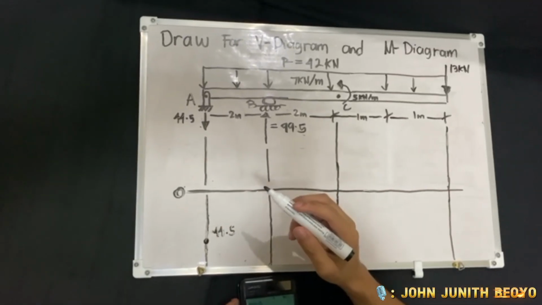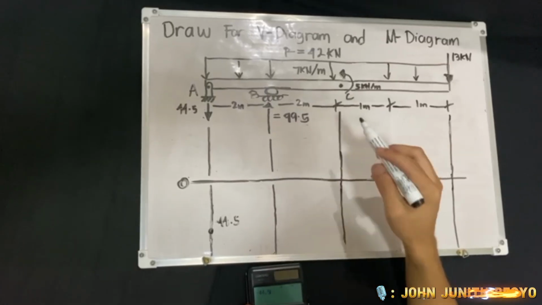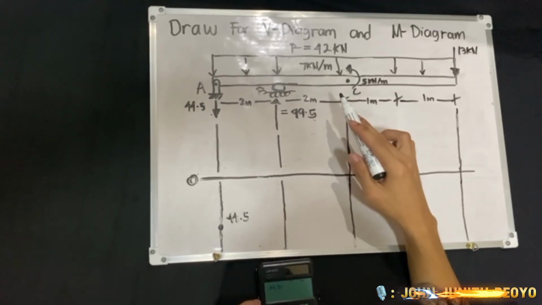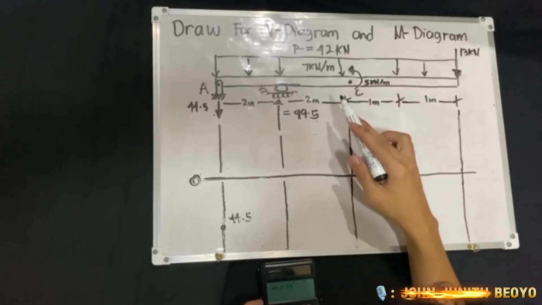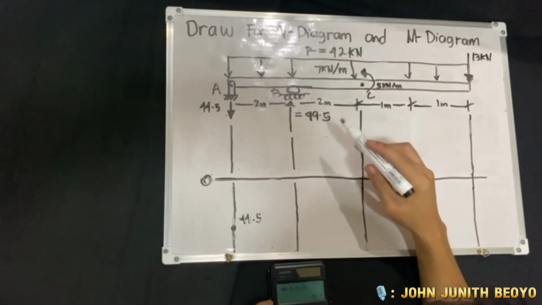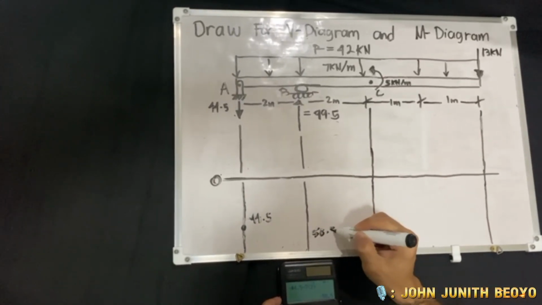Next is the negative 44.5 minus the 7 kilonewton distributed load times its length from A to B, which is negative 58.5.